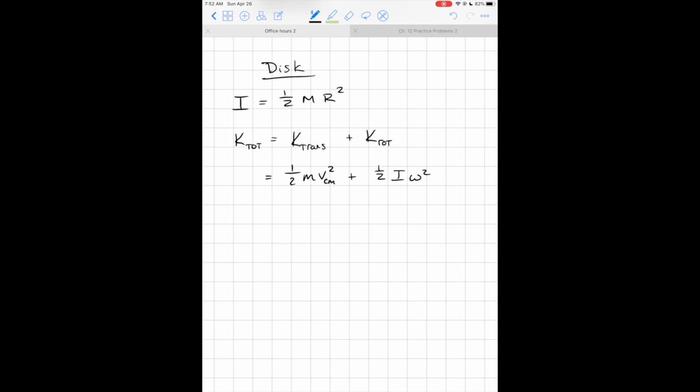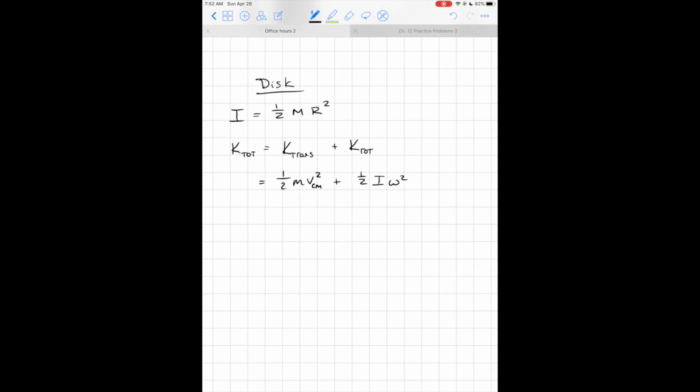Now there is a trick that we're going to use a lot in this problem: anytime we look at total kinetic energy in a rolling sense, we keep in mind that omega is equal to v of the center of mass over r for something that's rolling. That's a nice little trick to have up our sleeve.